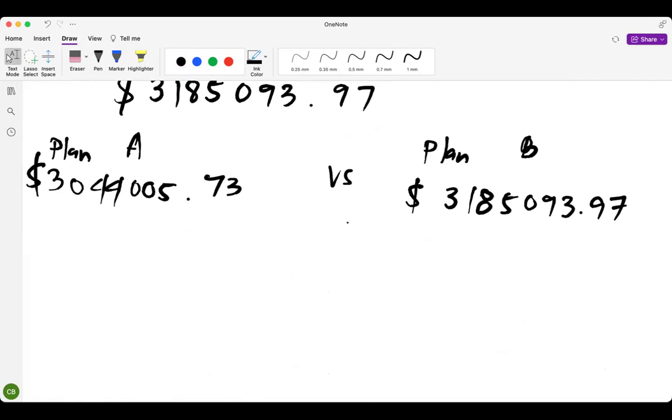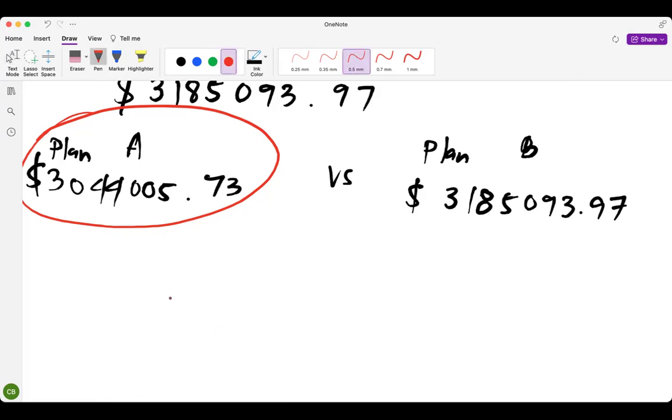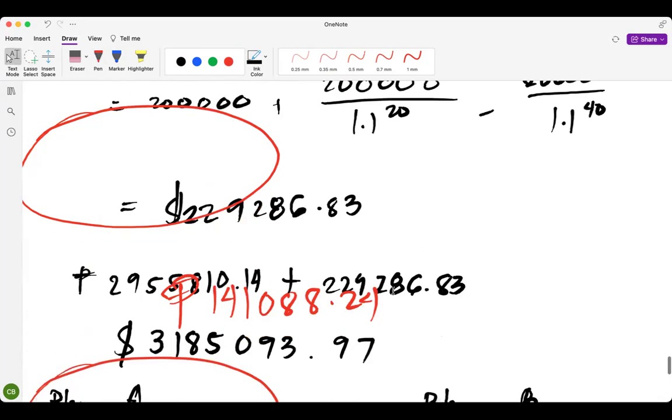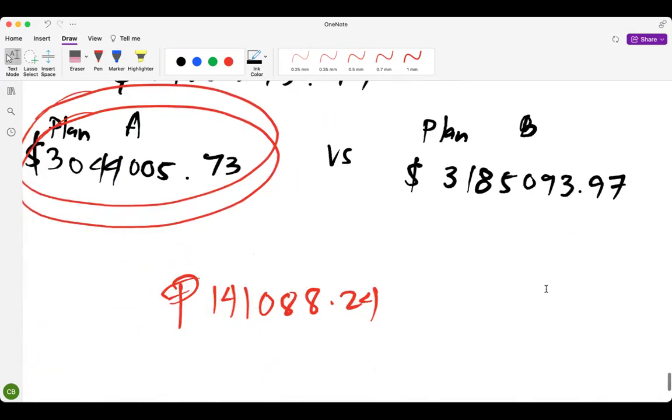So of course, plan A is more economical than plan B, with a difference of 3,185,093.97 minus 3,044,005.73, which is $141,088.24. So we will choose plan A.